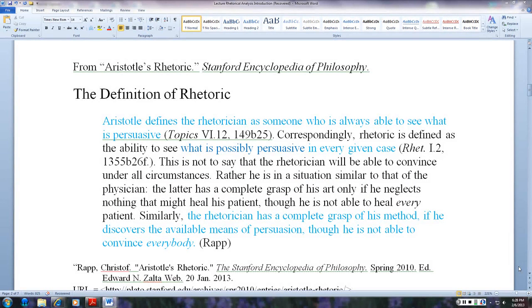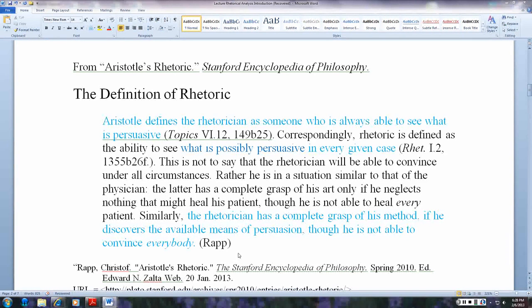Notice that I have put the name of the author of this text in parentheses because this is a block quotation, 4 or more lines. The citation goes outside the closing period. Notice below that I have the citation, the author's name in inverse order, the title of the article, Aristotle's Rhetoric.